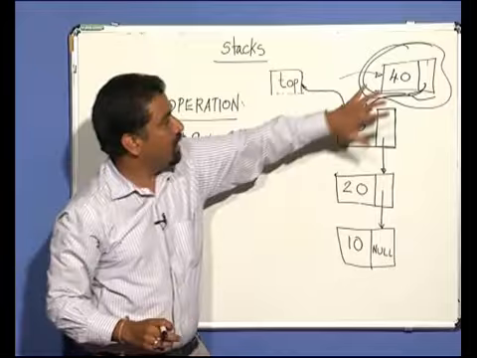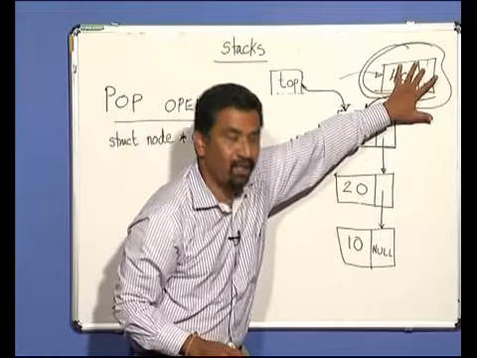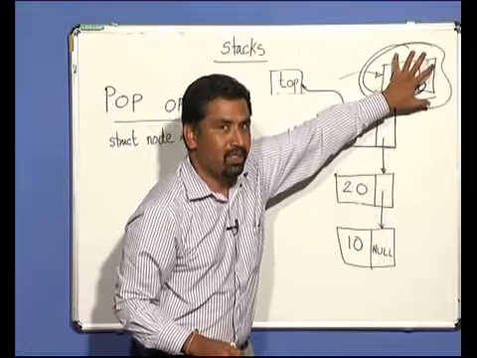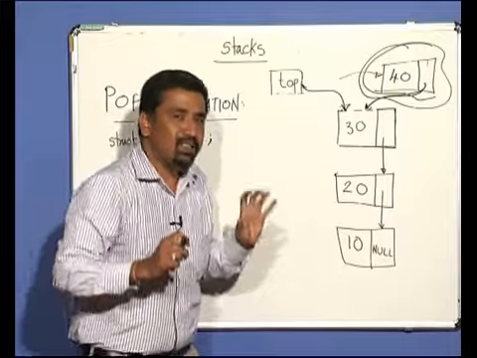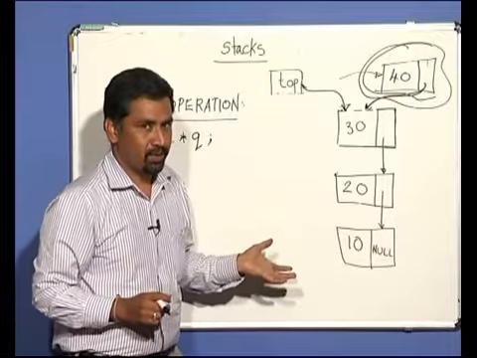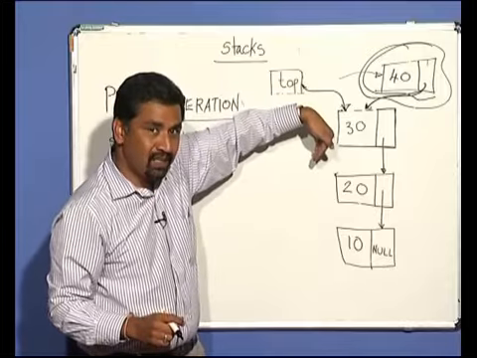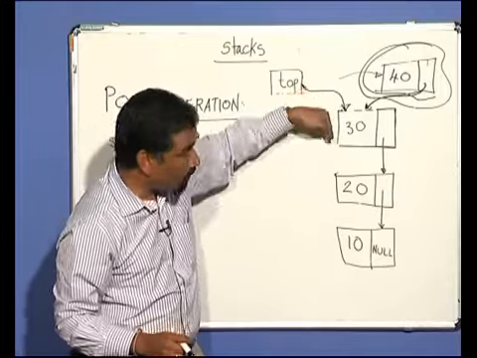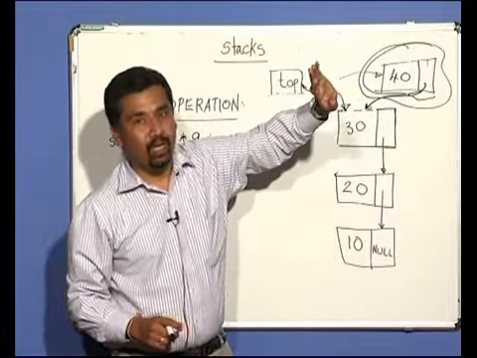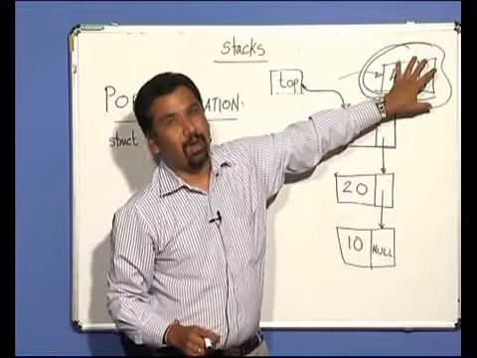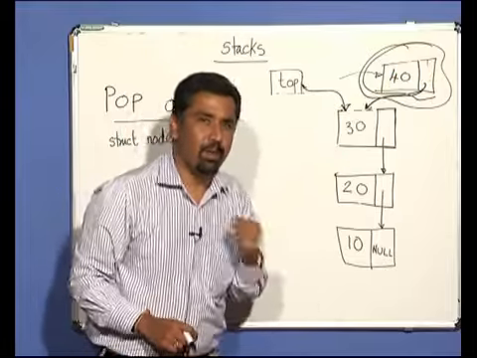The memory occupied by this node has to be freed because it is dynamically allocated. So whatever memory is occupied by this node has to be freed. So that is the effect of the pop operation. That is, one thing is get this value, adjust the links so that top now points to the next element, and then completely deallocate the popped element. So this is the behavior of the pop operation.